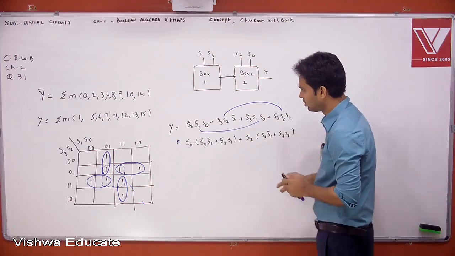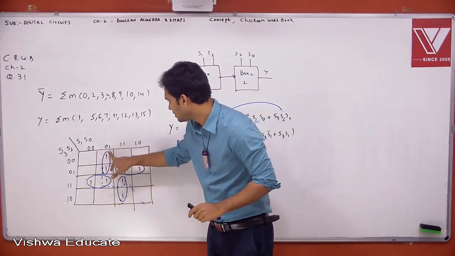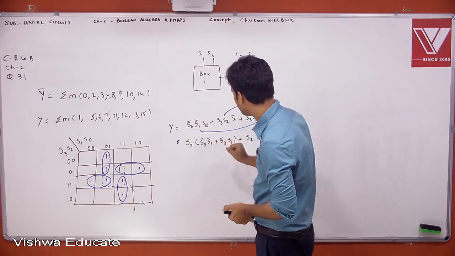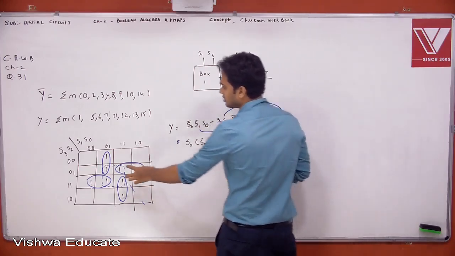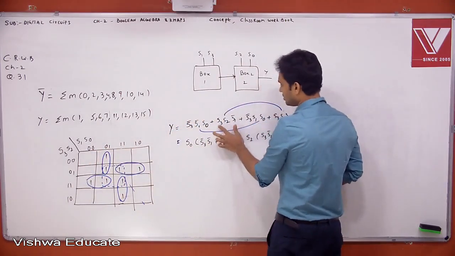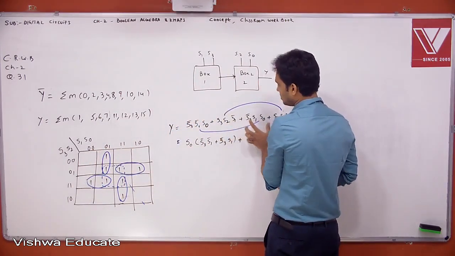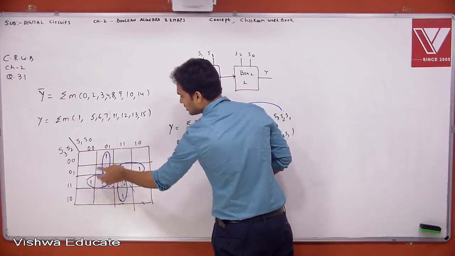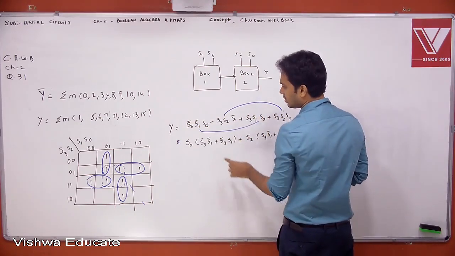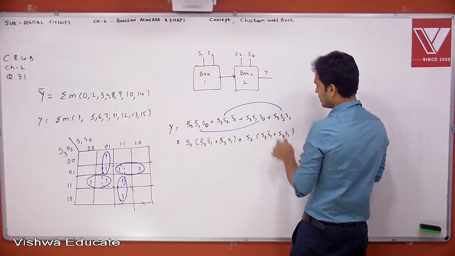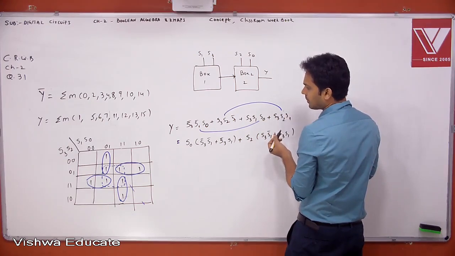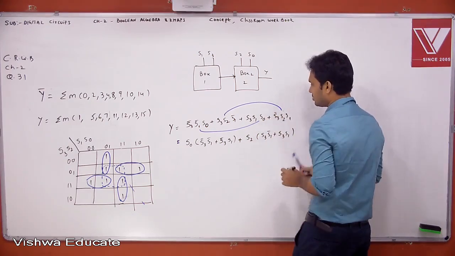S3 bar S1 bar S0, right? Next, for this S3 S2 S1 bar. Next, for this it is S3 into S1 S0. Lastly S3 bar S2 S1. I'm very sorry. Right.